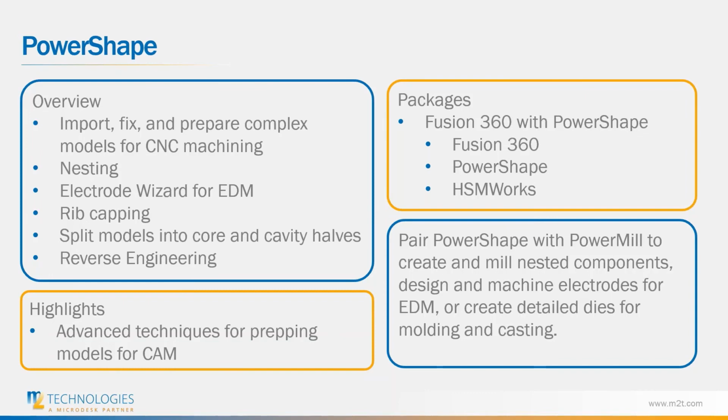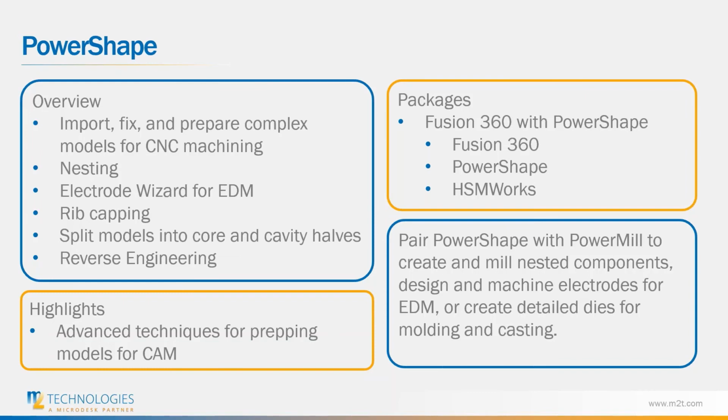Some of the highlights are really the advanced techniques within PowerShape for prepping your models for CAM using the nesting, Electrode Wizard, and other analysis tools. PowerShape is available with the Fusion 360 with PowerShape bundle, which includes Fusion 360, PowerShape, and HSM Works.